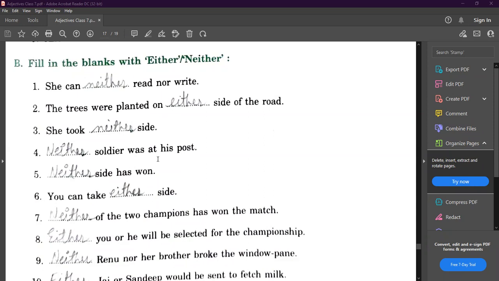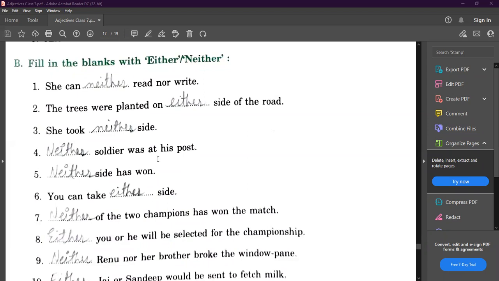She took neither side. Neither soldier was at his post. Neither side has won. You can take either side. Neither of the two champions has won the match.